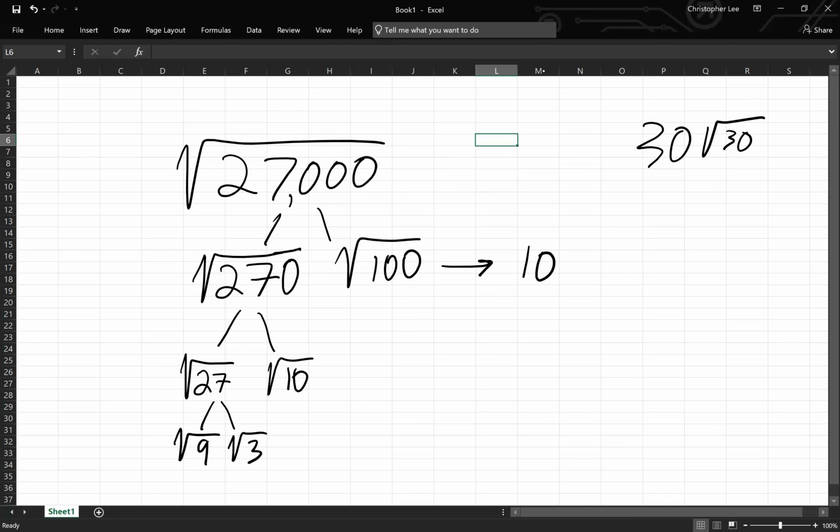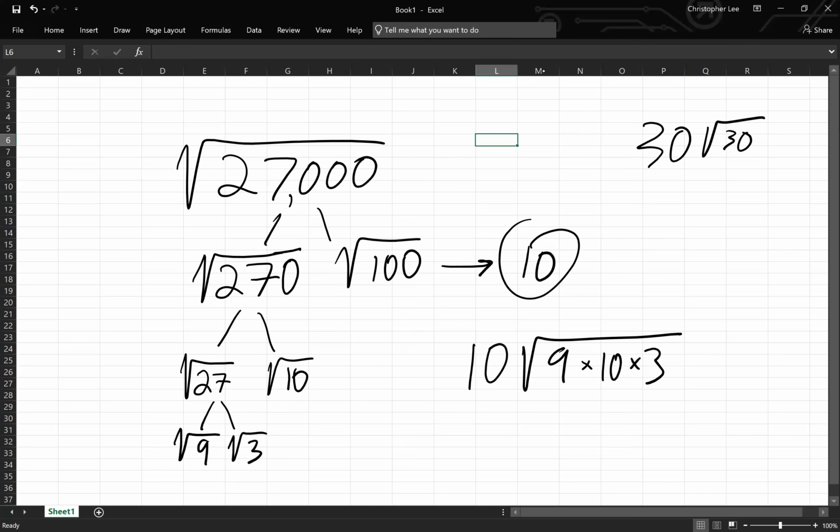Put all of this together: this 10 right here is on the outside, and then I have the square root of 9 times 10 times 3. And then the square root of 9 is 3, right? So this would be 10 times 3, square root of 3 times 10, so 30 square root 30. That's how I would have done it. I would have pulled out what I know and then just kept going until I can't anymore.